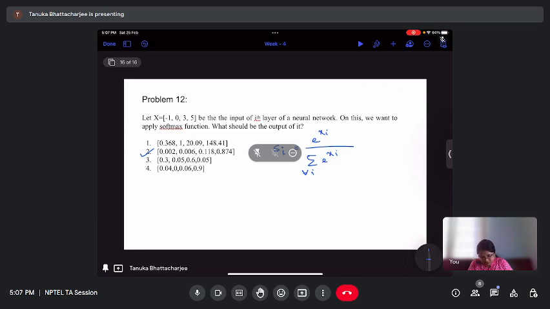For 3 it is more, and for 5 it is more. 3 and 5, yeah, right, absolutely. For 5 you should have the highest value. Except for option 3, that is the case for all the options. Correct. And also you are mapping to a probability distribution, so it should add up to 1. Yeah, absolutely.